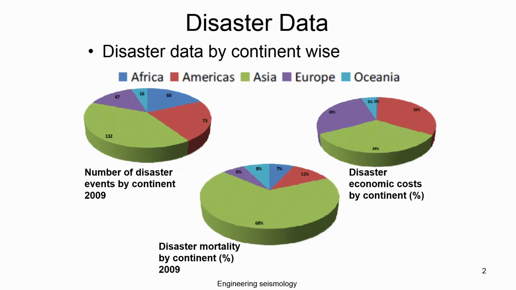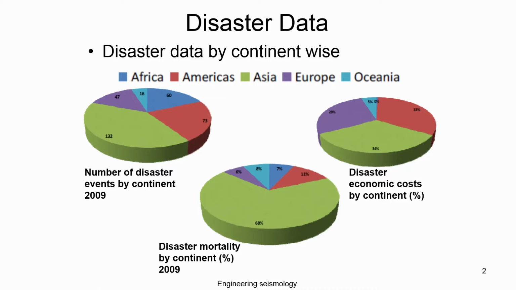We also looked at the percentage share: how many people die and what the economic losses are. If you look carefully, in Asia around 68% of the people die due to natural hazards, compared to any other continent.